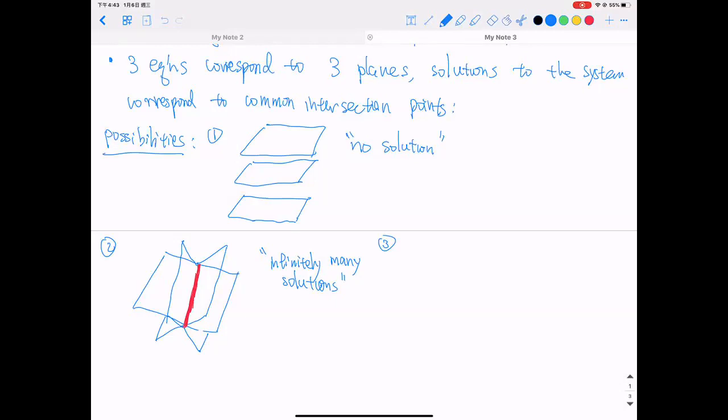Now, well, there are other possibilities, of course. You could have, how do I draw this? You could have two parallel planes being intersected by a third one.